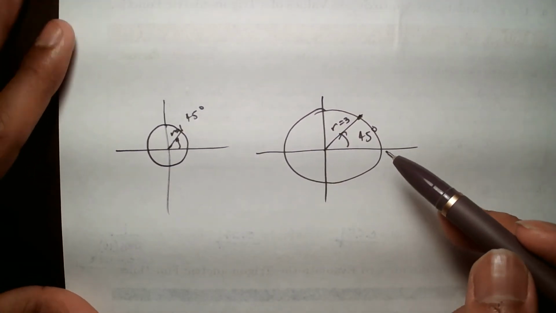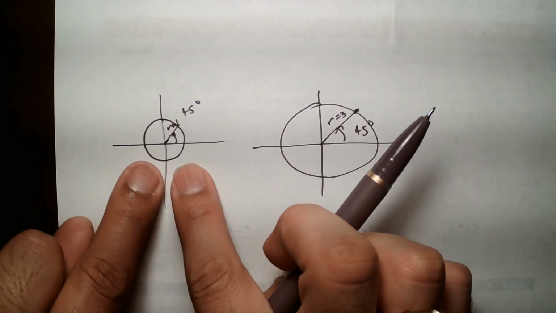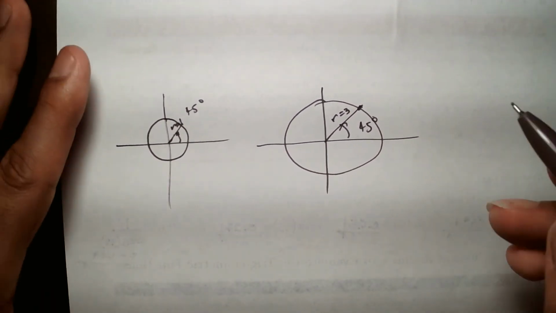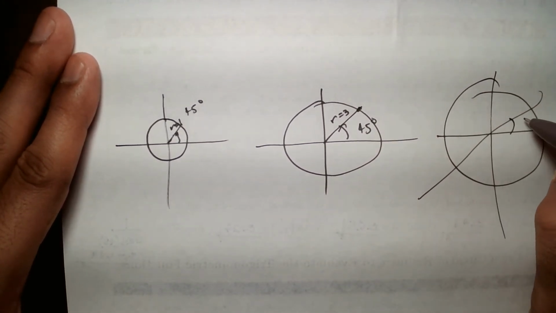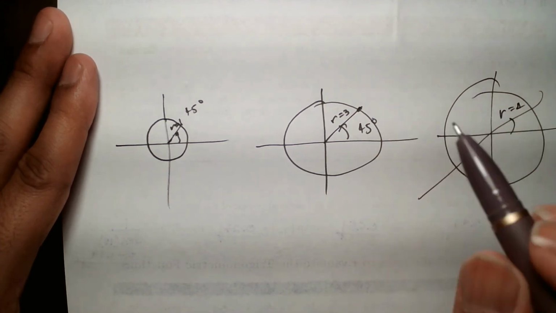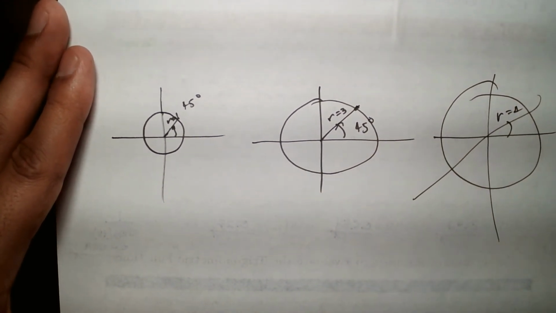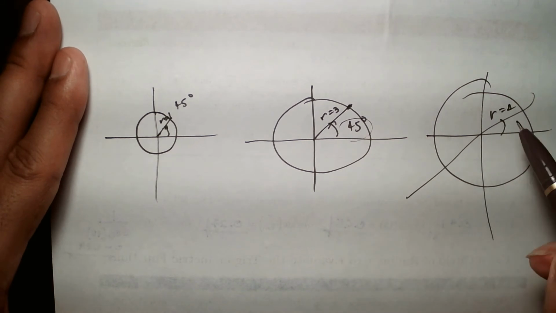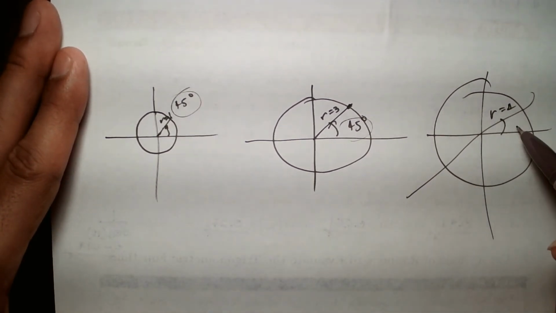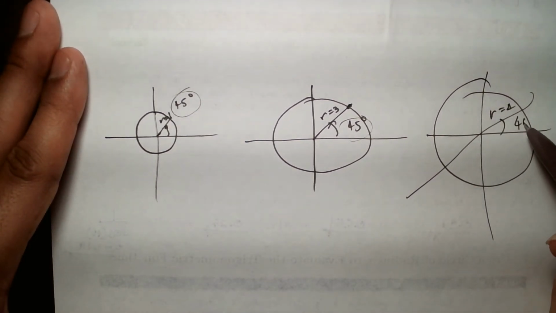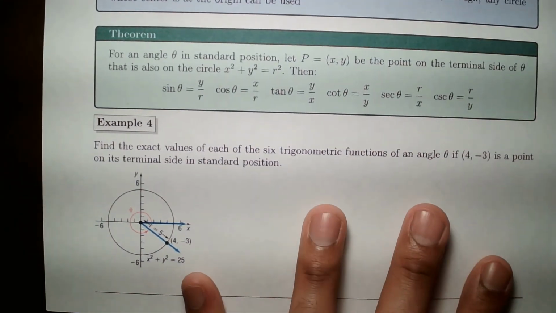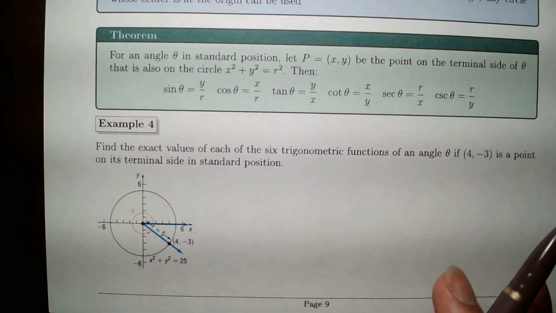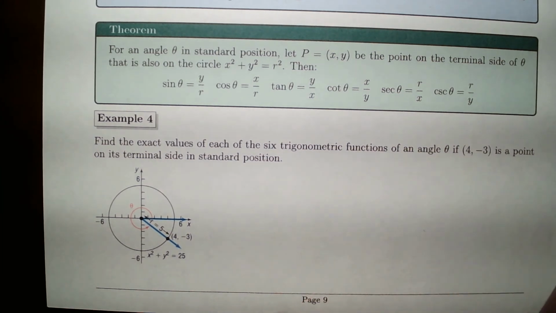So whether you work with a unit circle or a circle of radius 2 or a circle of radius 4, the trigonometric functions will remain exactly the same because we would have the same angle, 45 degrees. Well, it doesn't look pretty. Let's assume this is also a 45-degree angle. And we are going to take advantage of that to evaluate functions over other kinds of circles.